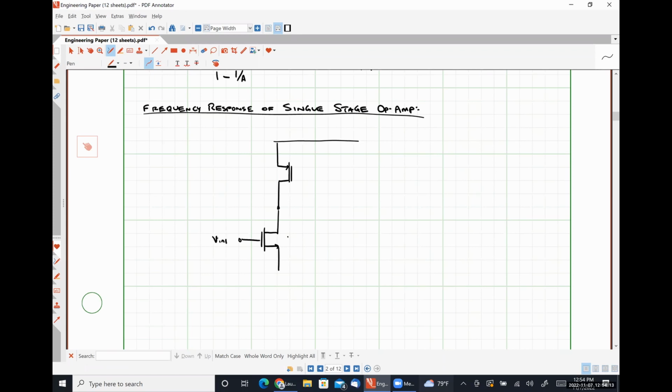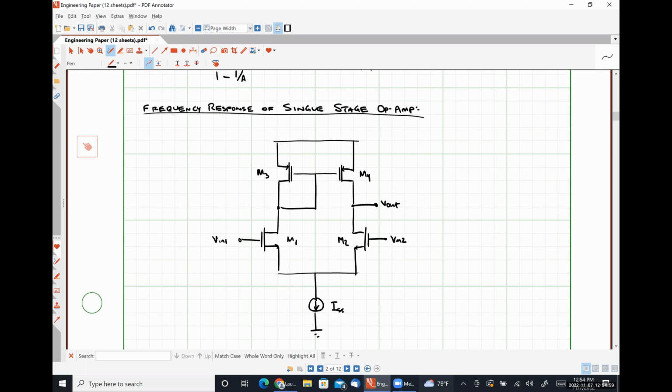Here's VN1, transistor M1, this is M3. Here's M2, 4, VN2. Here is our tail current, ISS.